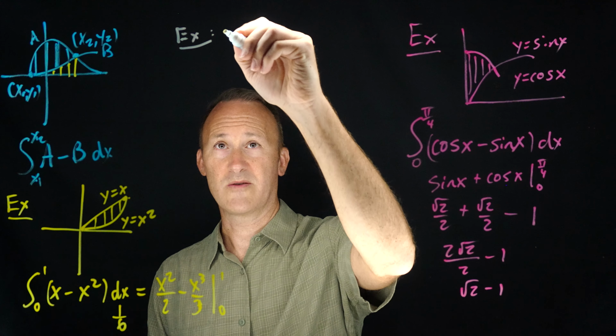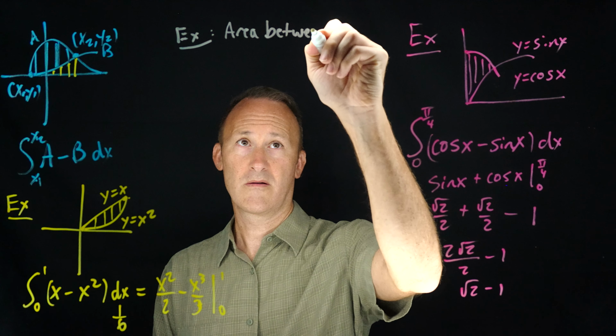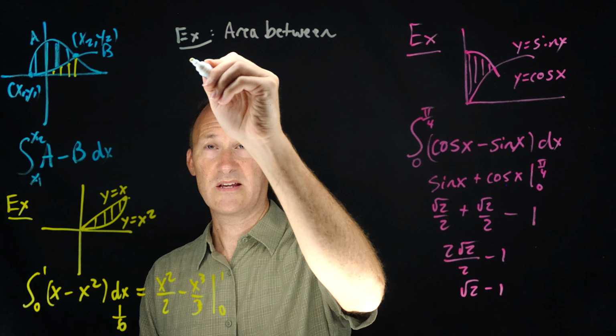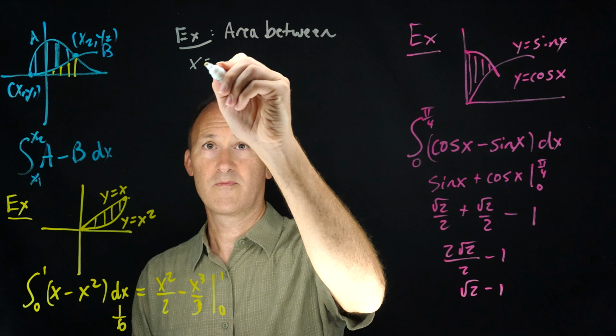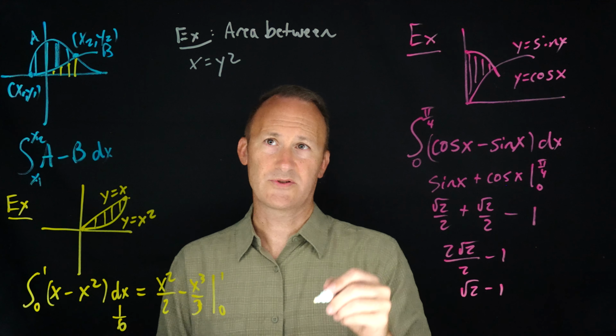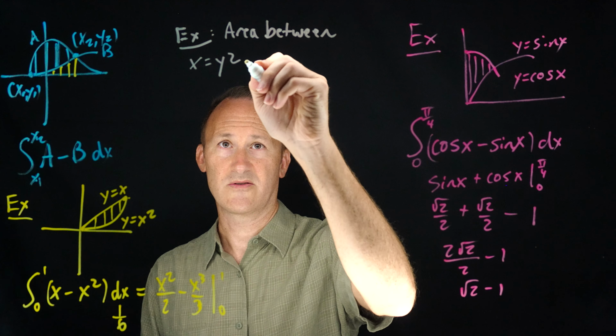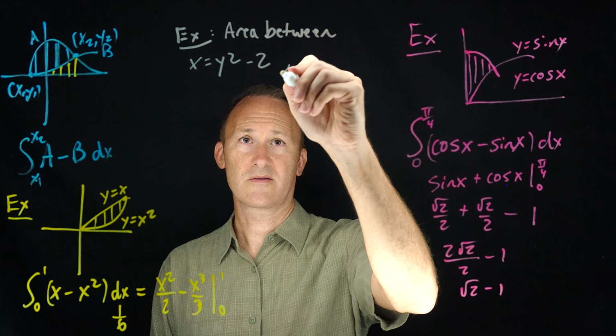We're going to take the area between x equals y squared, and let's do x equals y squared minus 2, and then y equals x.